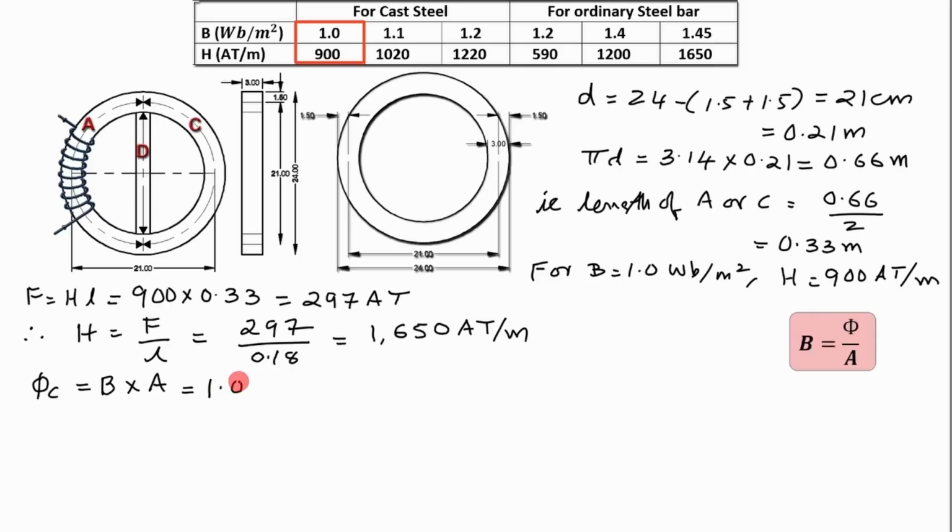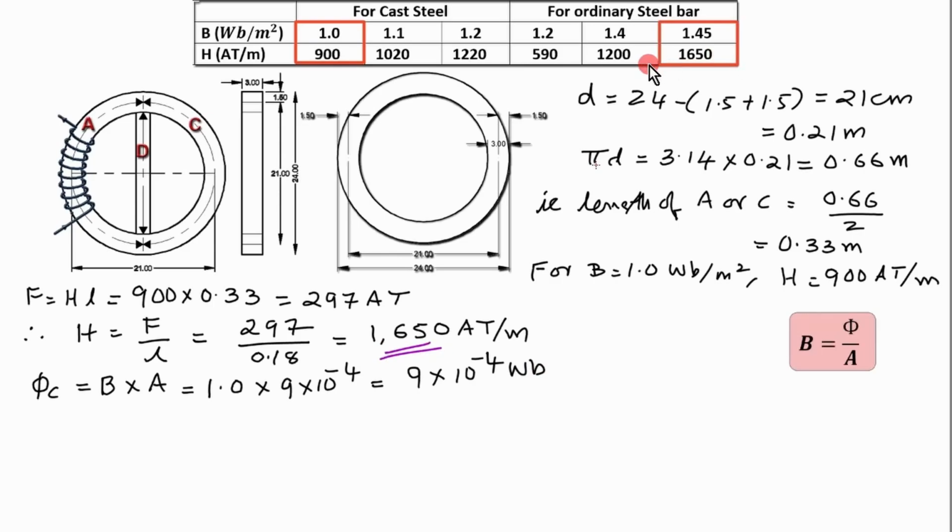So, 1.0 into area of cross section, 3 into 3, 9 centimeter square, that is 9 into 10 raised to minus 4 meter square. This is 9 into 10 raised to minus 4 Weber. So here the magnetizing force is 1650.